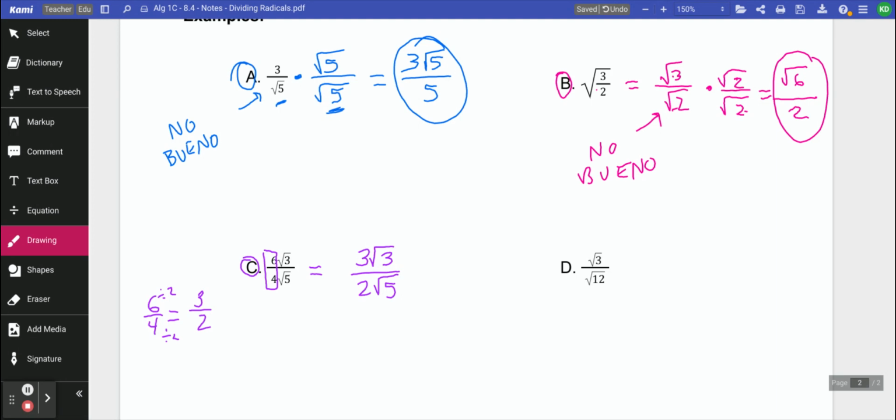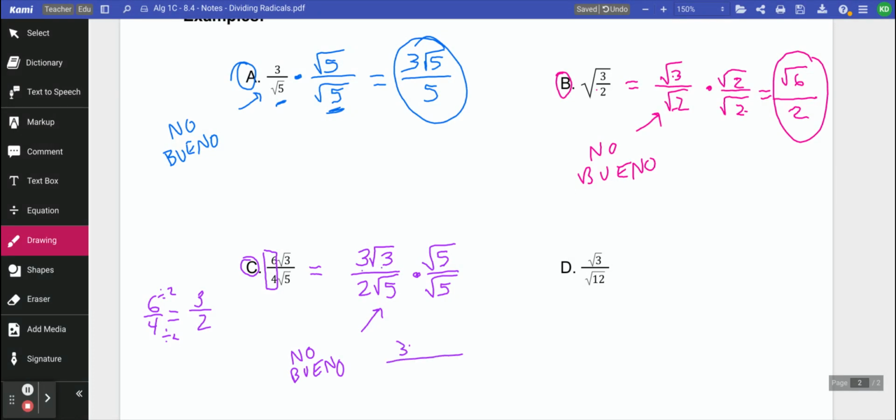Now I have to get rid of this radical 5. The radical is no bueno, but just the radical part, the 2 is fine. So I'm going to multiply by another copy of radical 5 on the top and the bottom. Not the 2, just the radical part. Now we multiply across. 3 is just 3.